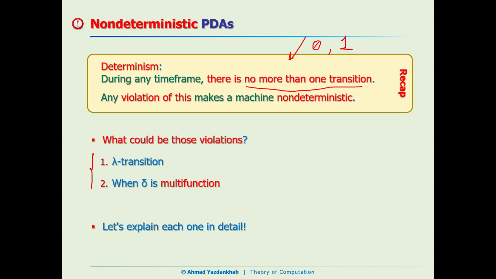So now the question is how this definition will be violated. We have two different ways to violate determinism: either the lambda transition or having a multi-function or multi-valued function. Let's start with the lambda transition.